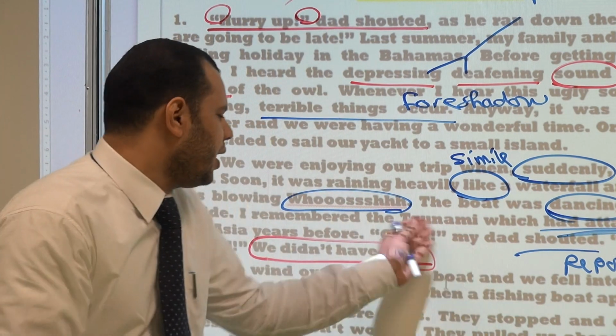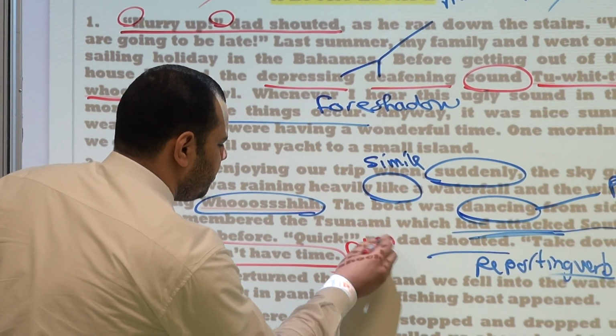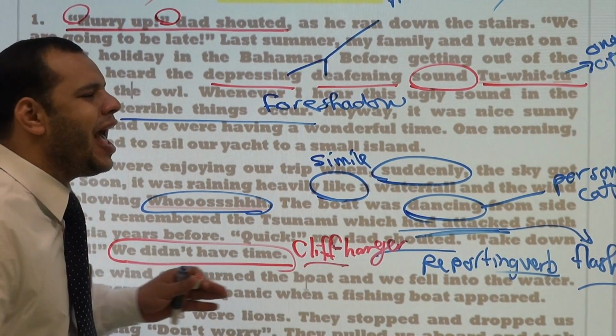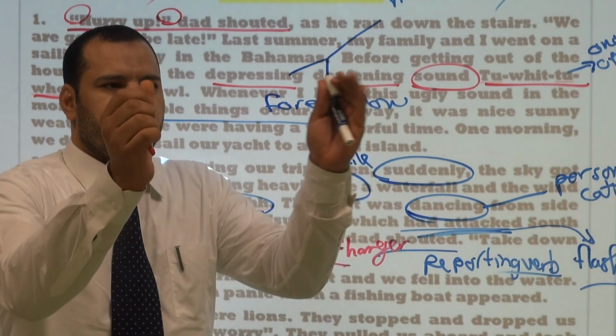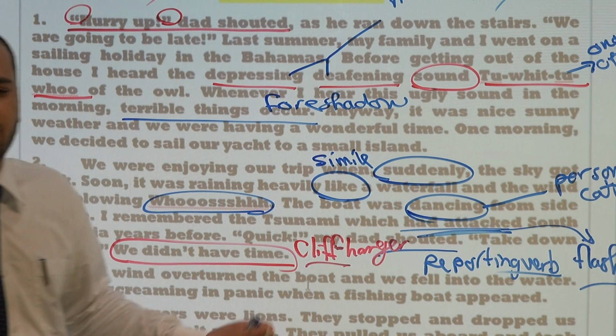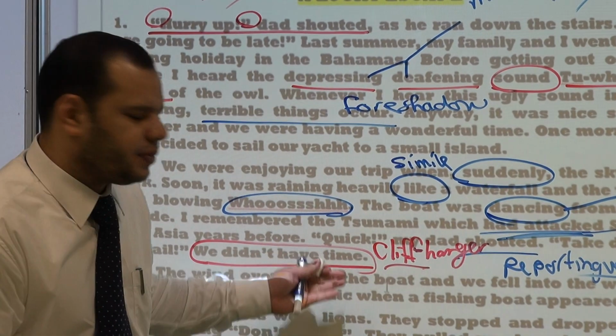The writer moved to another paragraph. So we call it cliffhanger. Because the writer hanged you, caught you, seized you tightly, and forced you to move to the following paragraph to find the resolution for this.